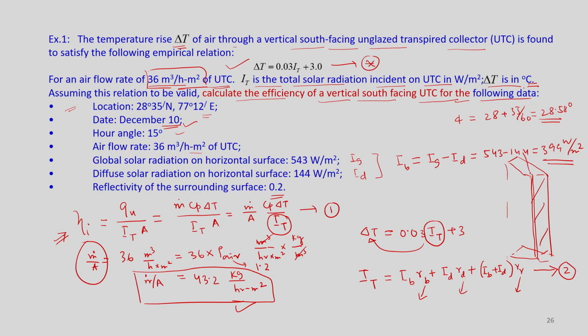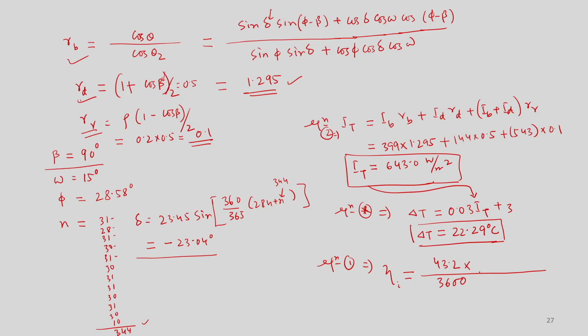So this m by A is known now. Then IT is 643, Cp is 4.18 into 10 cube, and delta T is 22.29. If we do the calculation, this eta is found to be 41.88%. So this efficiency is found to be 41.88%.